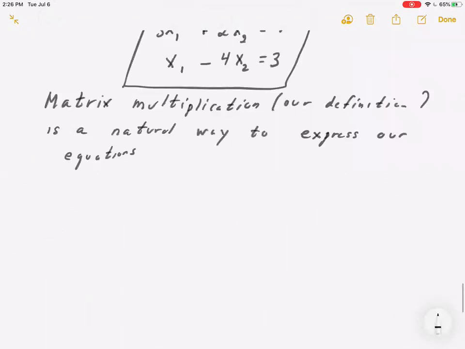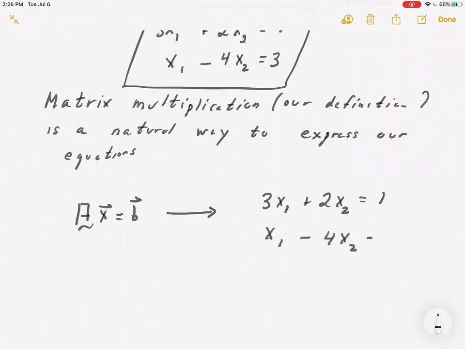So in other words, this matrix vector equation leads to our set of linear equations, two equations and two unknowns, if we define matrix multiplication in our standard way.